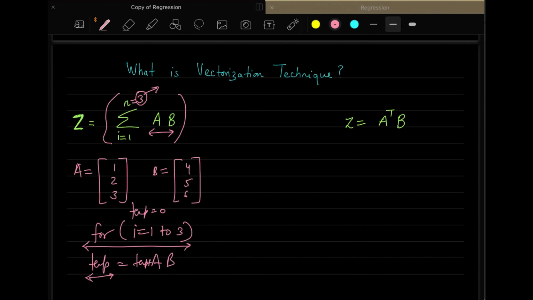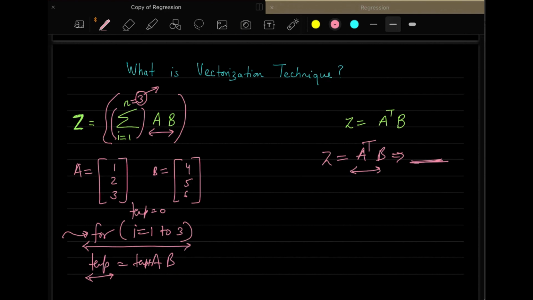So in order to avoid this summation, or this for loop, we take help of linear algebra. If you do a transpose b, the inner product of these two vectors a and b, then you know that within a second you will get the answer, and that answer will be the summation of the products of a and b.